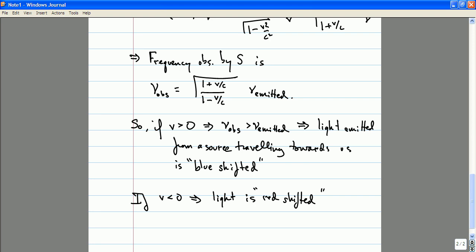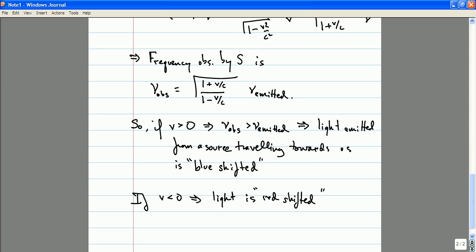So, based on this, he concluded that more distant galaxies were receding away from us with a velocity proportional to their distance. This is known as Hubble's law, and it is one of the core principles, if not the core principle, of cosmology. It is the basis for our modern understanding of the expansion and evolution of the universe.